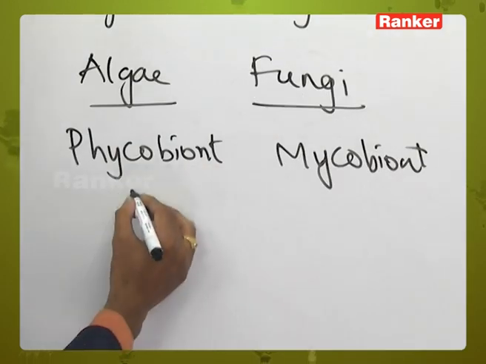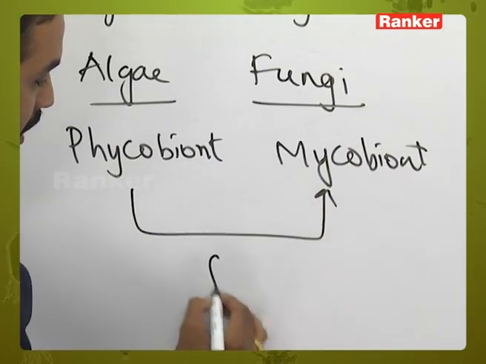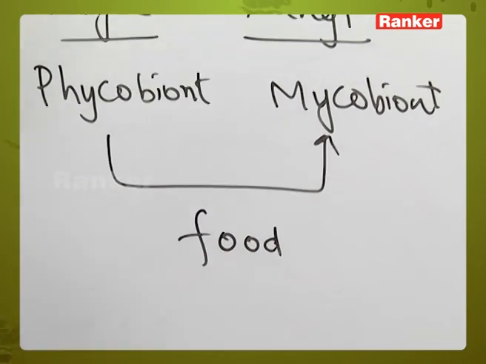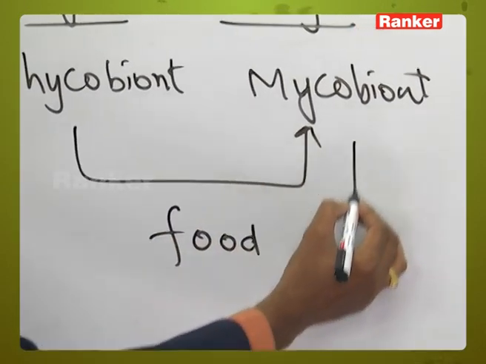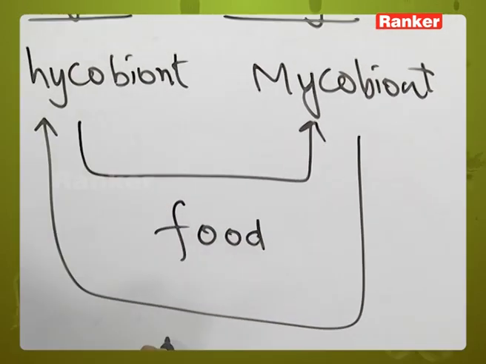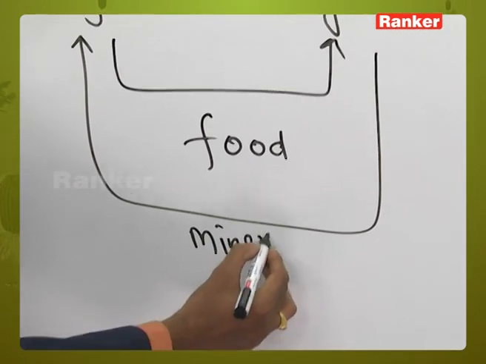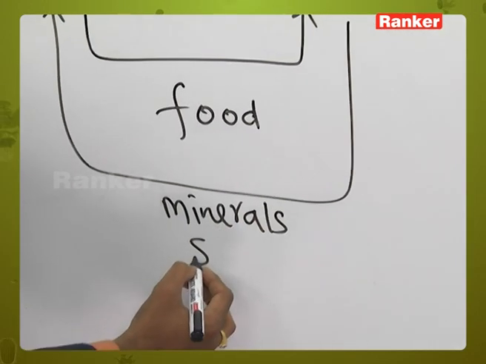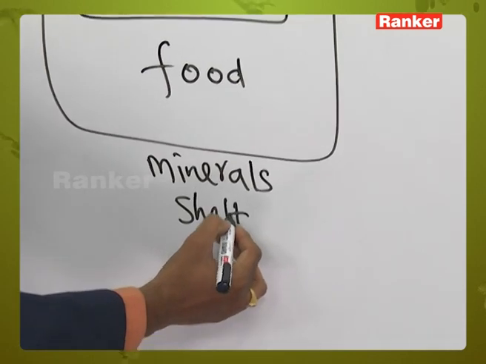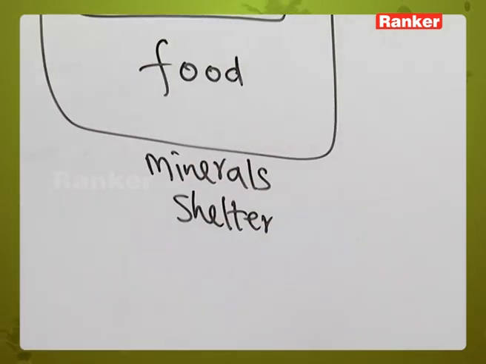So, this phycobiont will provide food materials to the mycobiont, whereas the mycobiont will provide minerals and shelter to the phycobiont organism.